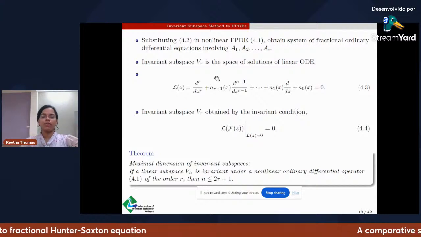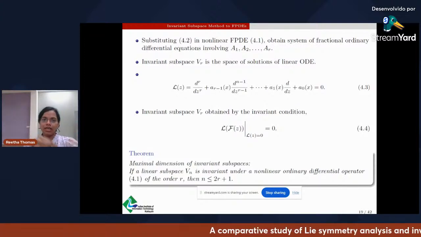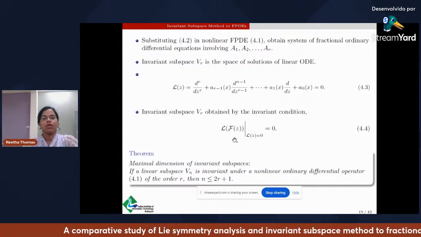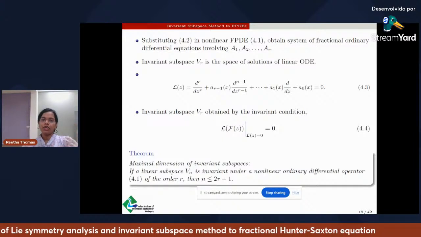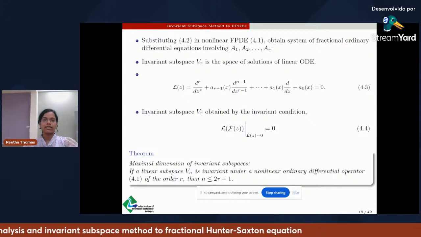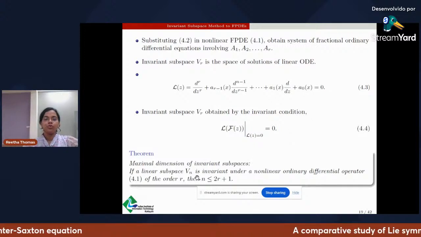And the V_r is obtained, as in the basic idea, using this invariant condition: L of f equal to 0 whenever L of z equal to 0. But in the invariant subspace method, the maximal dimension of the invariant subspace is n less than or equal to 2r plus 1.